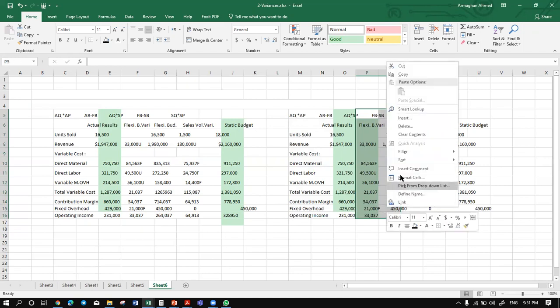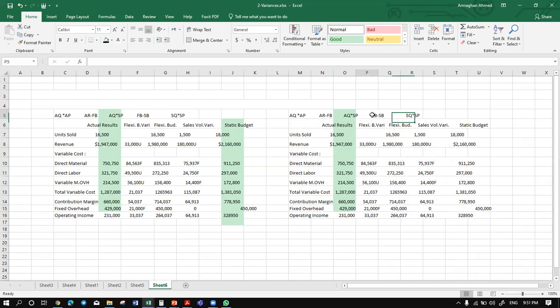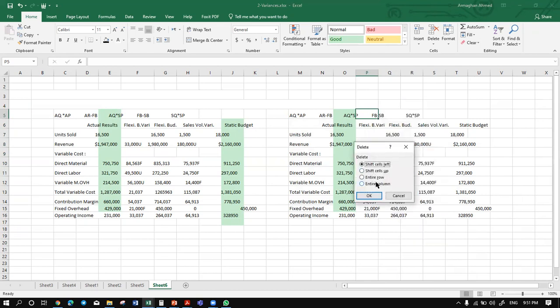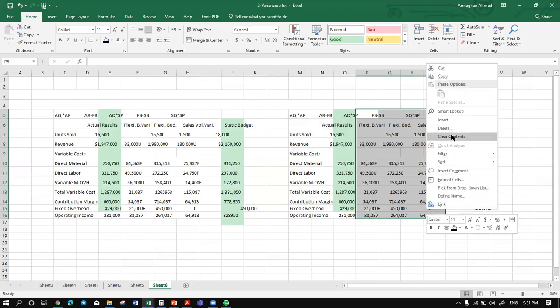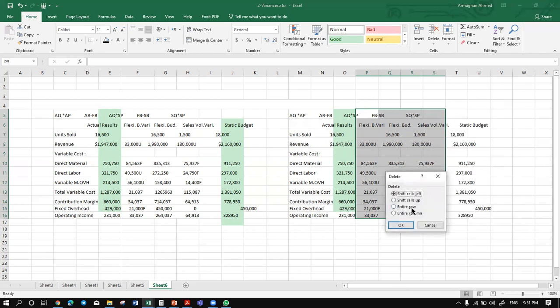If I deduct this one as well, it's not deducting. What is happening? Neither is it deducting nor is the column deleting.